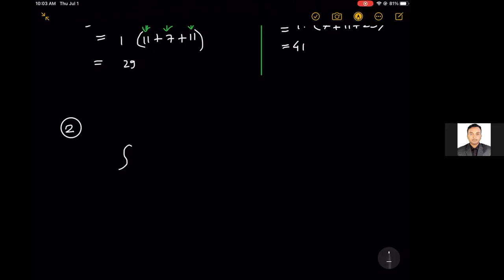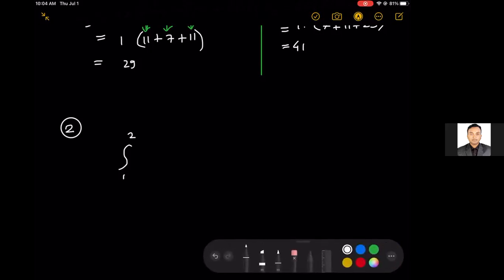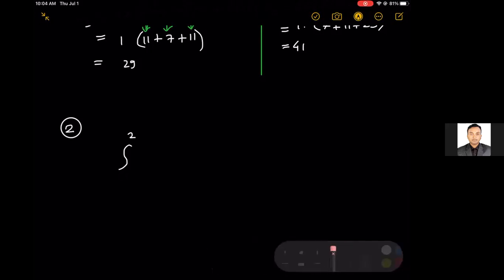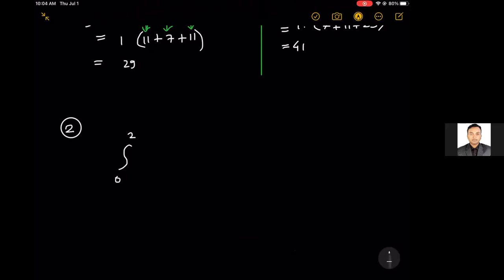All right, so from 1 to 2, let's say we have e to the x minus 7. No, let's take it from 0 to 2. 1 to 2 is really small. 0 to 2, e to the x minus 7. Okay, let's try this one. It's a really easy function to work with, to be honest, but let's try this one.